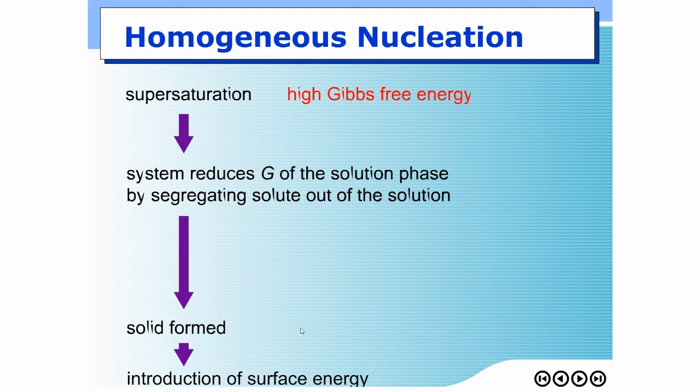Now, when we go back to this process, you start from solution, that means pure liquid, and you end up with solid suspended in liquid. So there are two phases in the system now. The process of precipitation, or the process of nucleation, introduces solid into liquid. Whenever we have two phases, always there are interfaces, right?